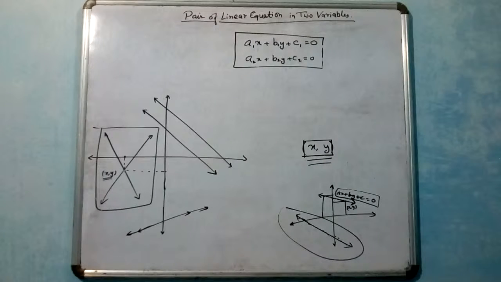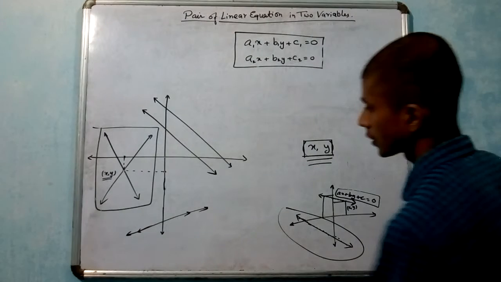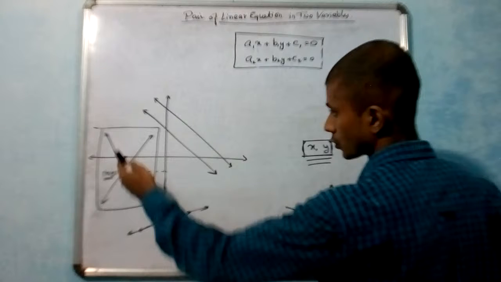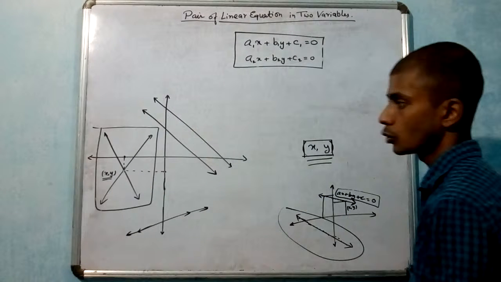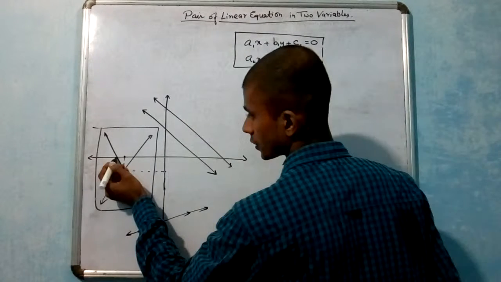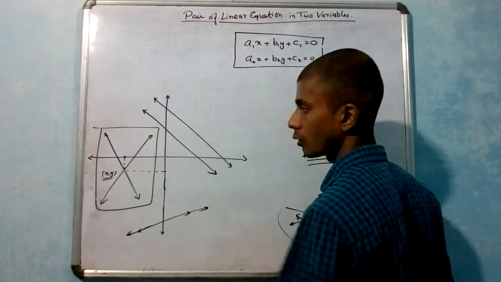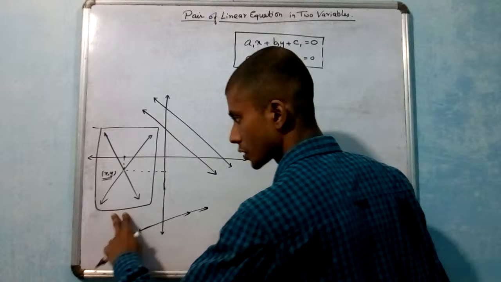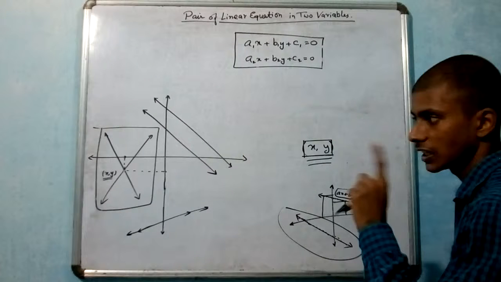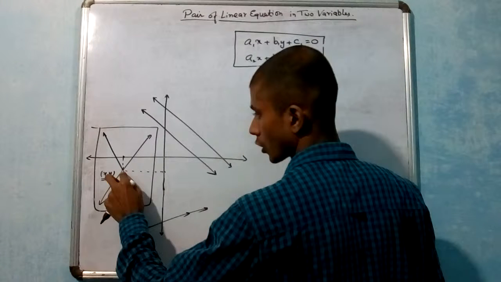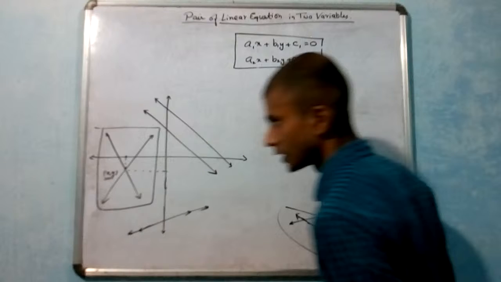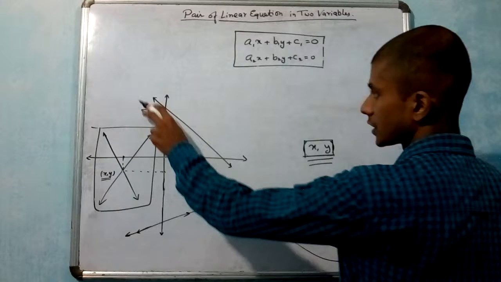Intersecting means intersecting each other, not the x axis or y axis. Here they intersect each other at one point. When we talk about the solution of a pair of linear equations, we talk about the lines intersecting each other. So how many places are they intersecting each other?